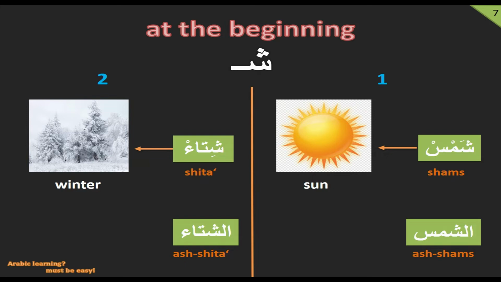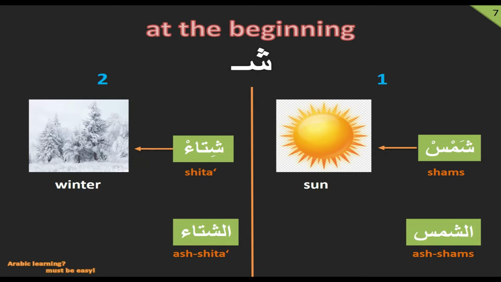So we notice that al with the letter sheen occurs lam shamsiya. Ash-shams, ash-shita. An interesting note for you would be we learned that there are two kinds of lam, either lam shamsiya or lam qamariya. The derivation of the sort lam shamsiya comes from the letter sheen because we ignore the lam in al-ta'rif with nouns which begin with sheen, as in the examples shams with al-ta'rif is ash-shams, shita, ash-shita.